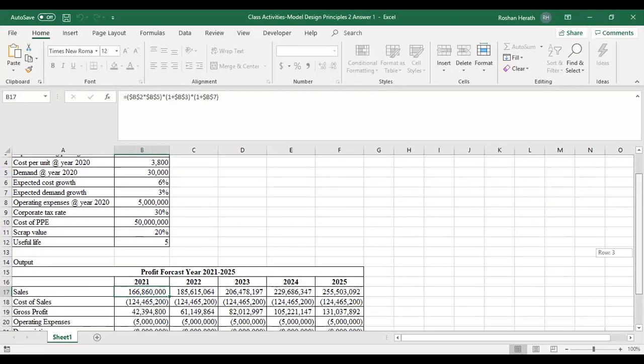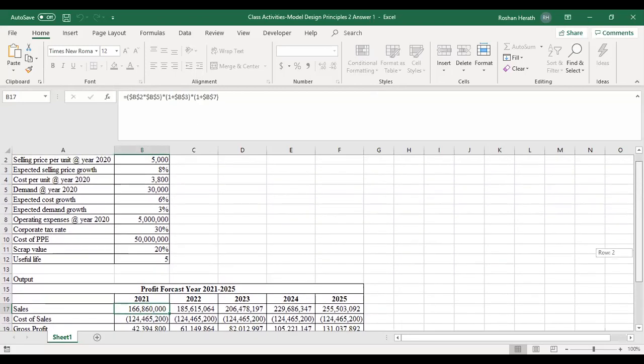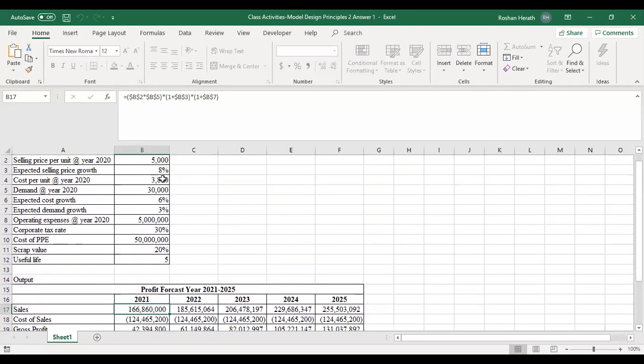So you can simply start with the 2020 situation. For sales, you take the sales price and the demand, so first I have taken B2 multiplied by B5. That was the situation for 2020.